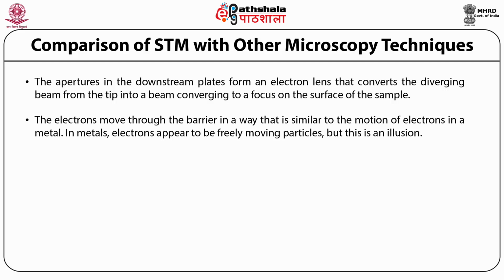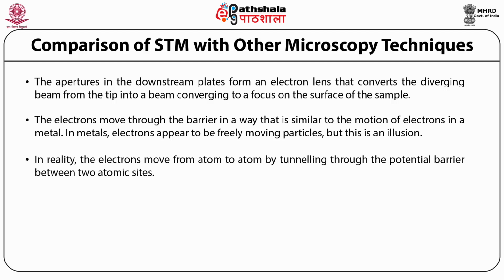in a metal. In metals, electrons appear to be freely moving particles, but this is an illusion. In reality, the electrons move from atom to atom by tunneling through the potential barrier between two atomic sites.